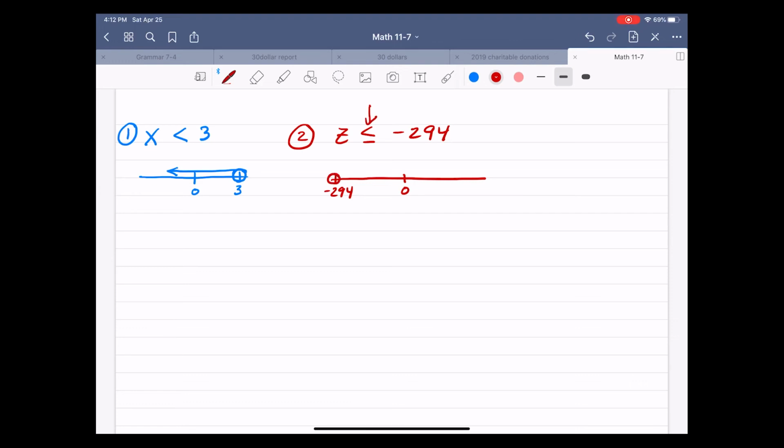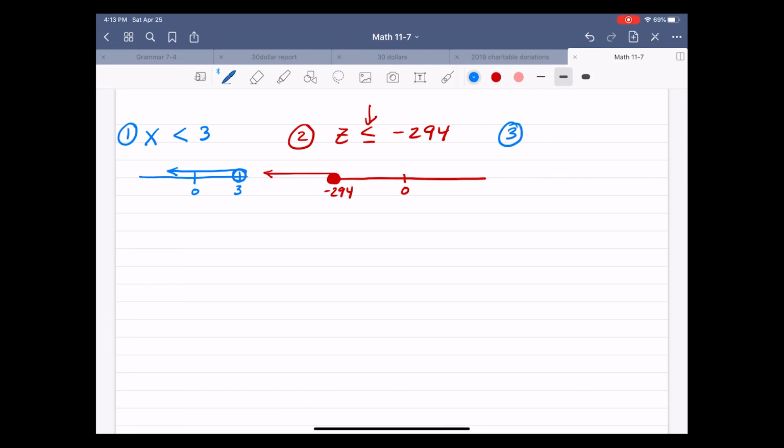So this is going to be a closed dot, and it's going to be everything beyond and to the left of the negative. It's going to be from negative 294. Your value could be negative 294, or it could be negative 295, or it could be negative 3,472. So it's a closed circle continuing all the way to the left.